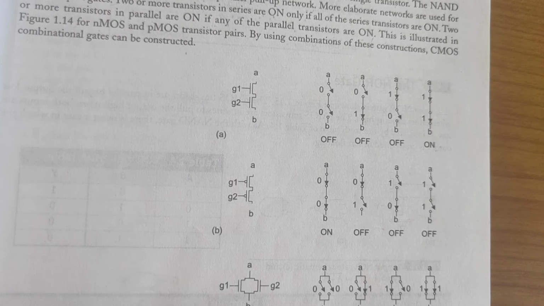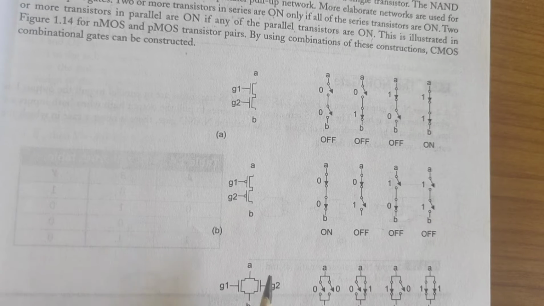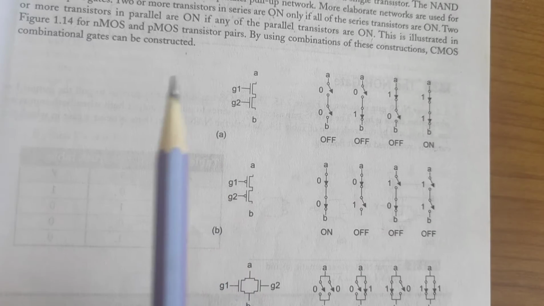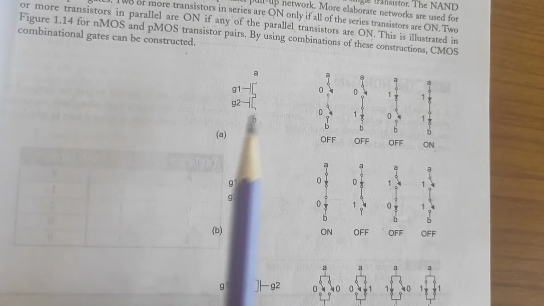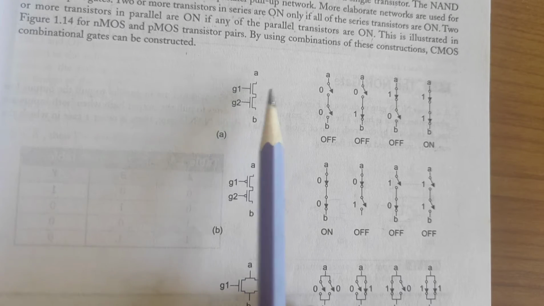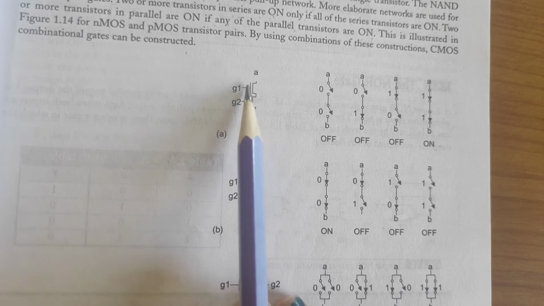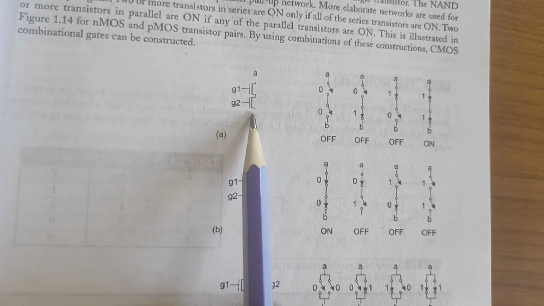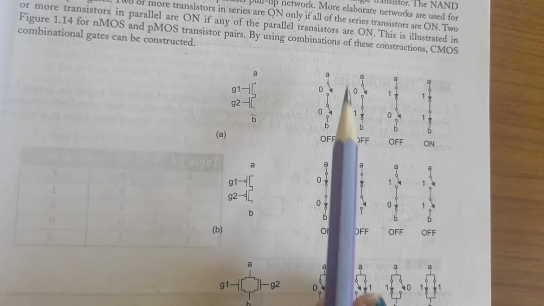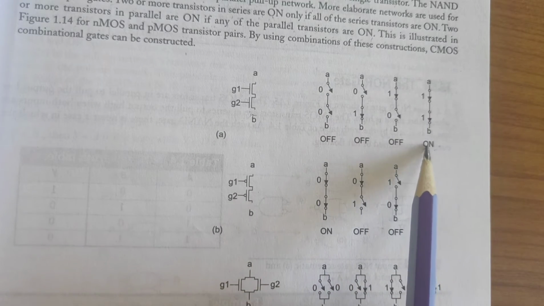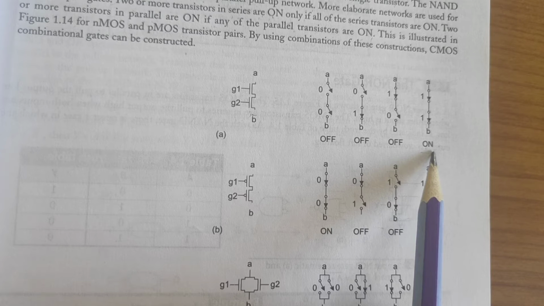So we know that basically CMOS is the combination of PMOS and NMOS. Now we can see how these combinations, when arranged in different ways, give us the output. In this first diagram, we can see two NMOS transistors connected in series. When both are in series, only if both are on do we get the output as on.